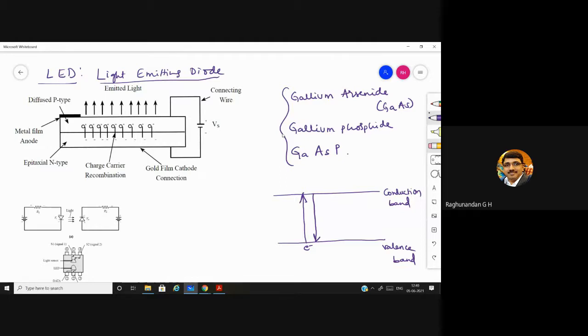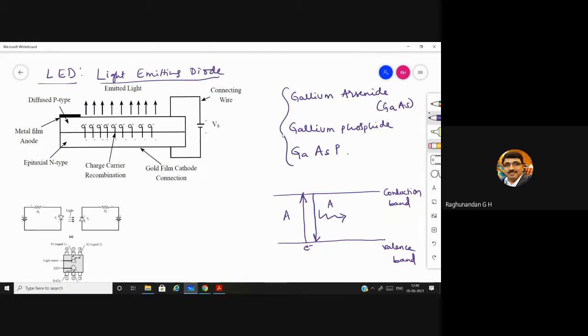While coming back, it has to release the energy it acquired. If it has acquired energy A, just for example, then it has to release that energy A while coming back to the lower orbit, that is the valence band.